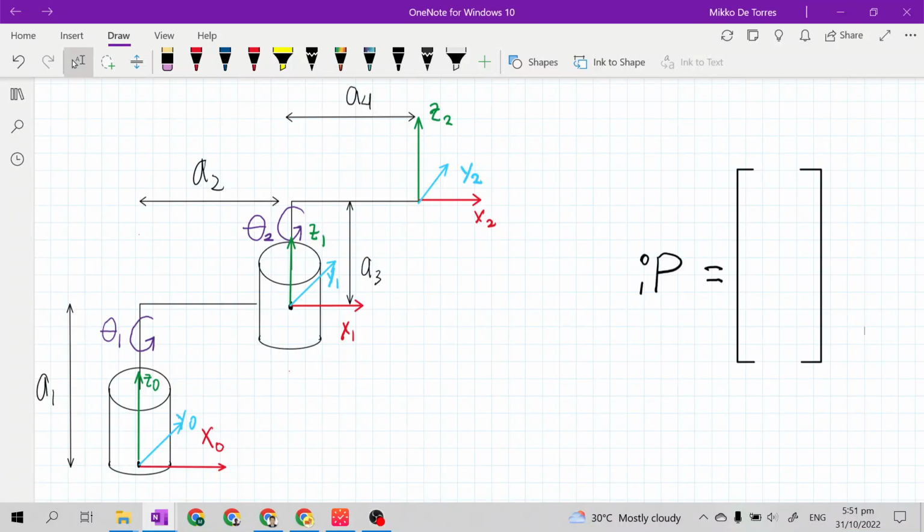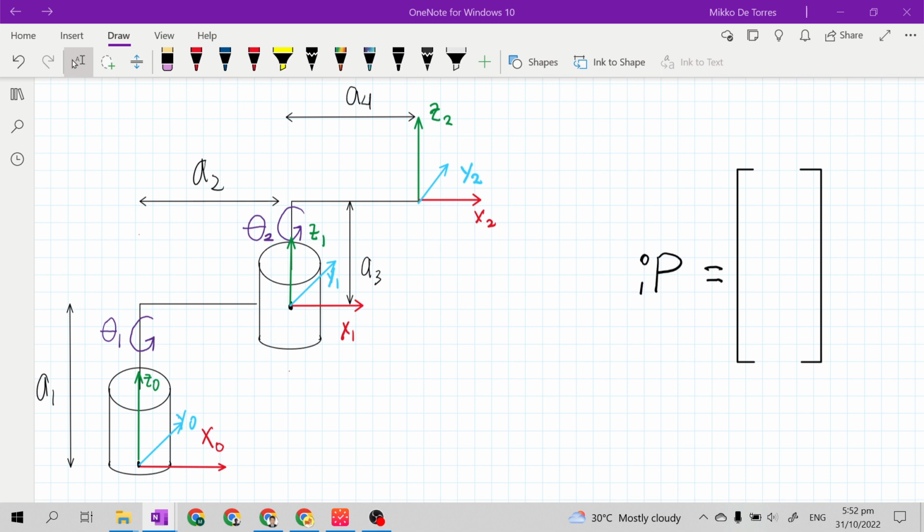Good day. In this video, I will discuss how to derive a position vector of a given mechanical manipulator. This is a basic mechanical manipulator. This is a 2 degrees of freedom mechanical manipulator.